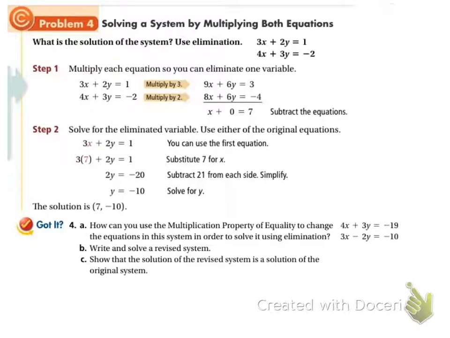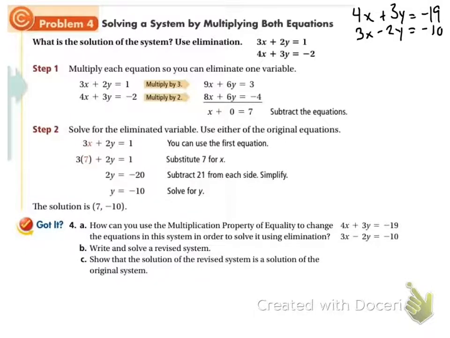Okay. So sometimes we only have to multiply one equation, but sometimes we'll have to multiply both equations. So we're going to look at this system. Again, I'll write it up here. 4x plus 3y equals negative 19, and 3x minus 2y equals negative 10.